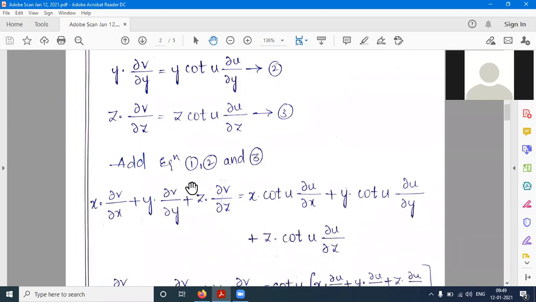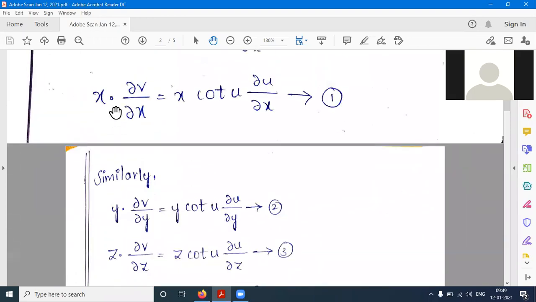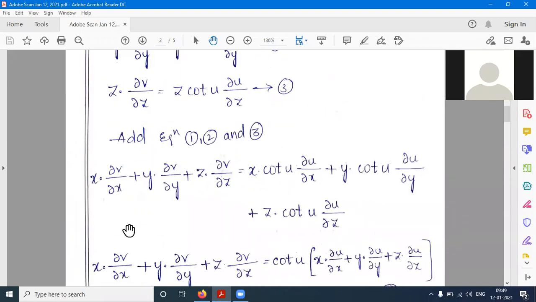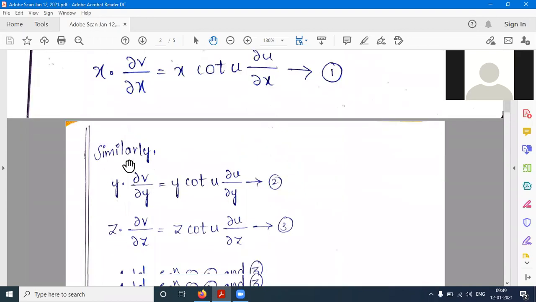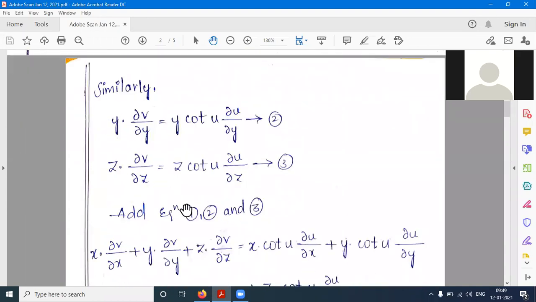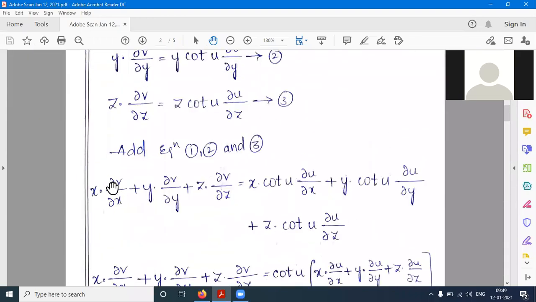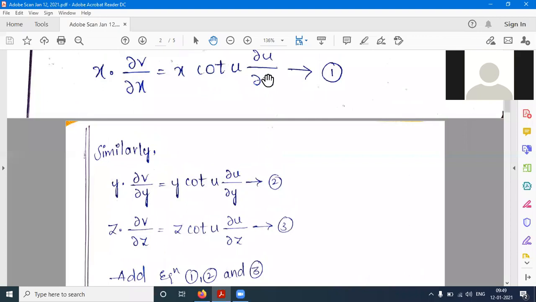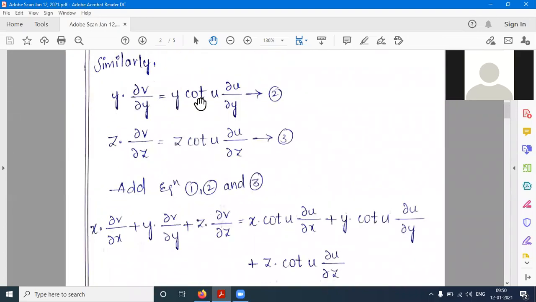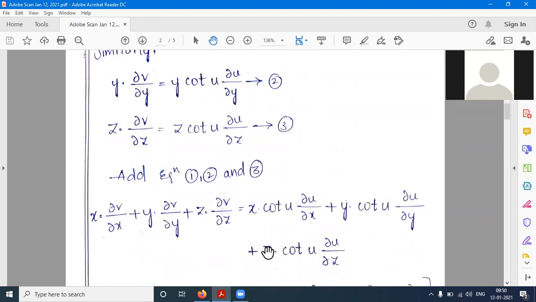So add equation numbers 1, 2 and 3. On the left side we add the left sides, and on the right side we add the right sides. So x into dou v by dou x plus y into dou v by dou y plus z into dou v by dou z is equal to x into cot u into dou u by dou x plus y into cot u into dou u by dou y plus z into cot u into dou u by dou z.